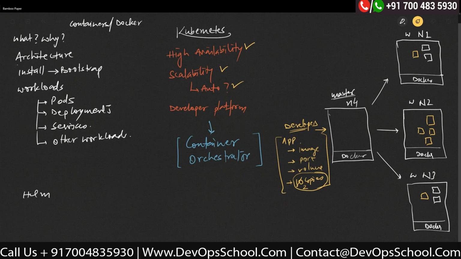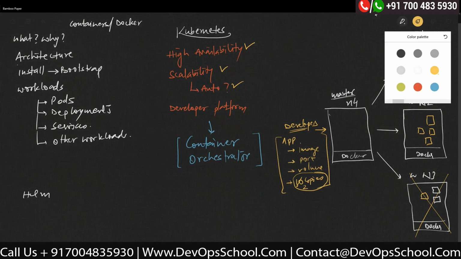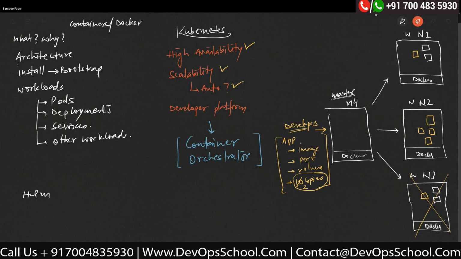Also, for high availability, we did not talk about the other scenario. For example, this node goes down, node 3 crashes. Now the master will immediately realize that, okay, there are 3 pods or 3 workloads missing, 3 containers missing, and I see one node is down, so let me rerun these containers on the remaining machines in my cluster.